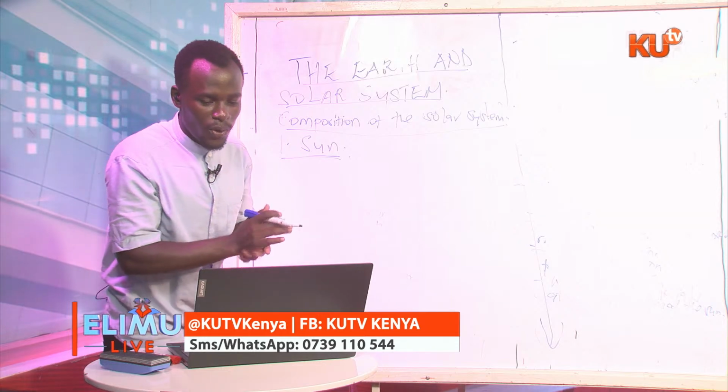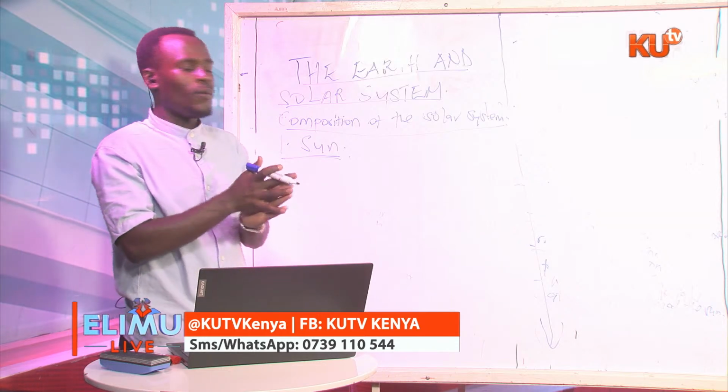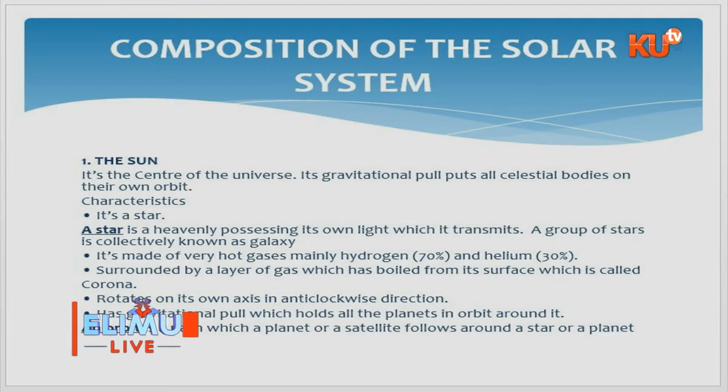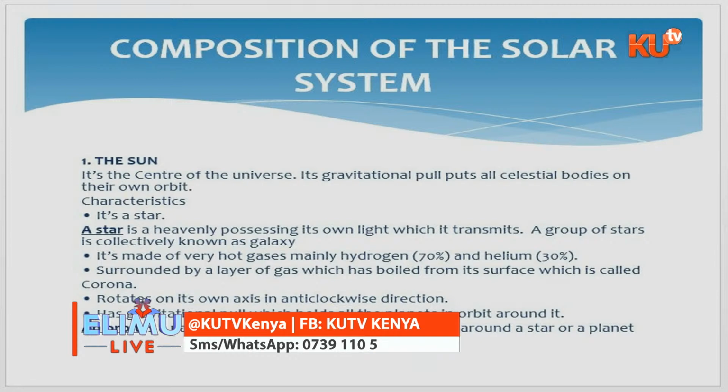Let us know what we mean by the term the sun. The sun is a star that is found at the center of the solar system. As we were looking at the theories, the nebula cloud theory and the passing star theory, the sun remained at the center.